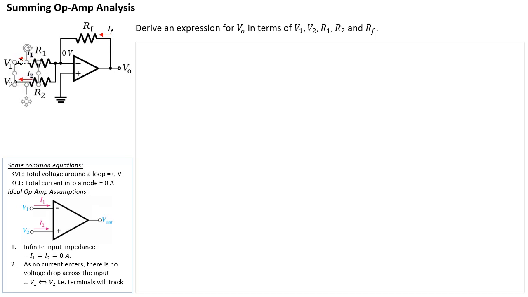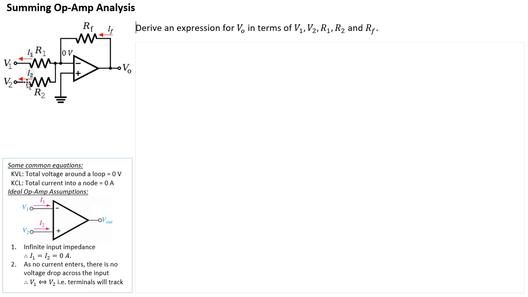So I1 is the portion of IF that will be split to go through R1, and I2 is the portion of IF that gets split into going through R2. So what is this? This is basically just KCL, Kirchhoff's current law, meaning that IF has to equal I1 plus I2.